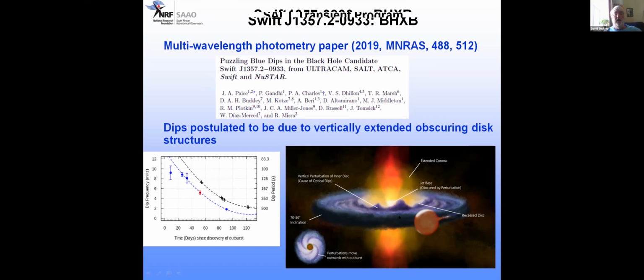So that was published in a paper in 2019, just based on the photometry that we did with SALT.